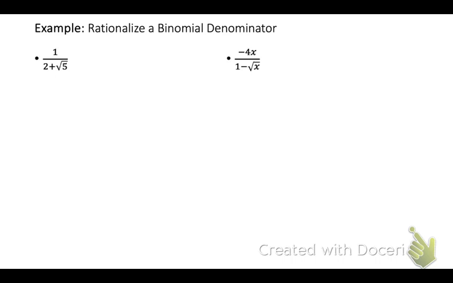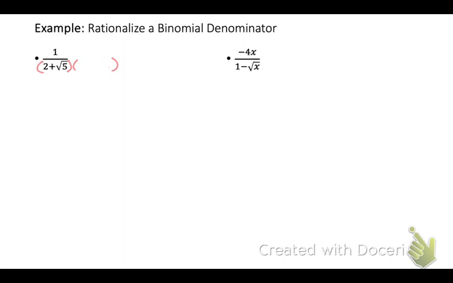So, we have 1 over 2 plus the square root of 5. If it was just 2 times the square root of 5, I could just multiply by the square root of 5 and be all good, right? But it is not. So I have to multiply by its conjugate: 2 minus the square root of 5. And then on the top, what am I writing?